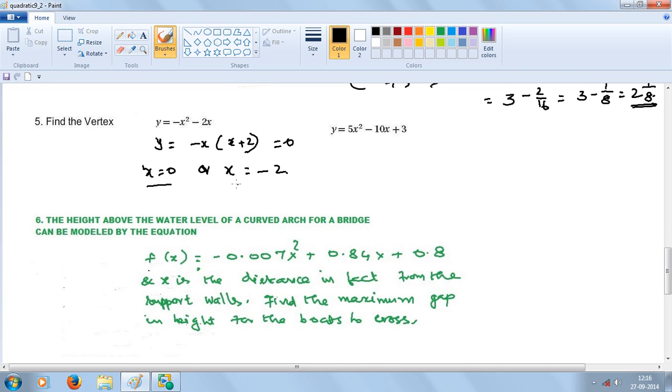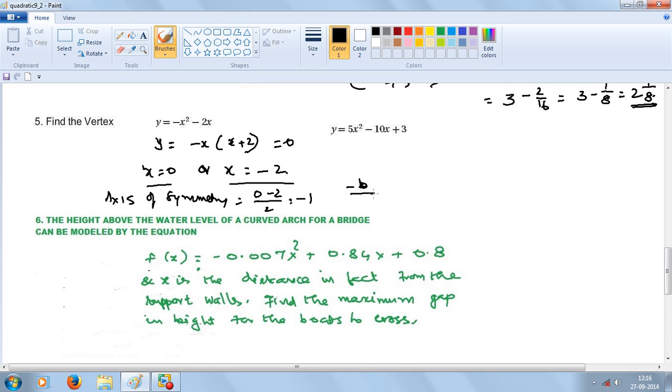So when you know the two x intercepts, the axis of symmetry is the average of these two, that is 0 minus 2 divided by 2, which is minus 1. Or use the formula. What is the formula?